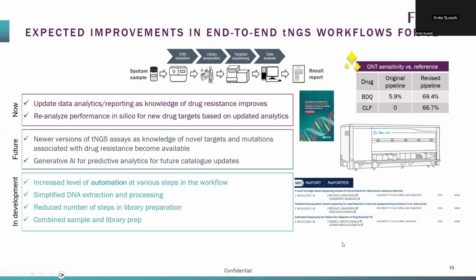So there's a number of NIH grants in place that are actively working on this. There's things in the works to simplify the process, reduce the number of hands-on steps, reduce the overall number of steps, number of tubes and so on. So it's good to know that there are ways to go there.